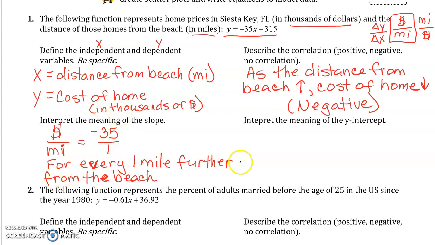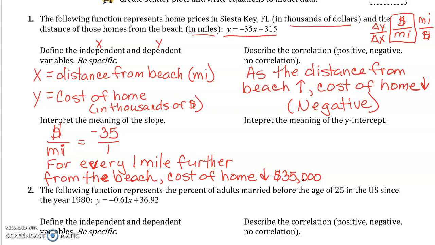For every 1 mile we go further from the beach, cost of home goes down by how much? $35? Not $35, but $35,000. Every 1 mile we back up from the beach, we drop our home price by $35,000.